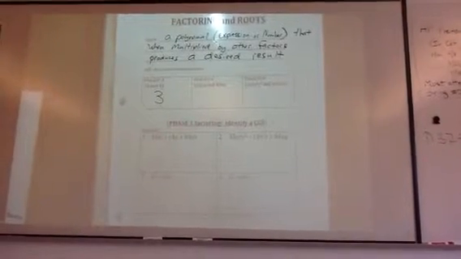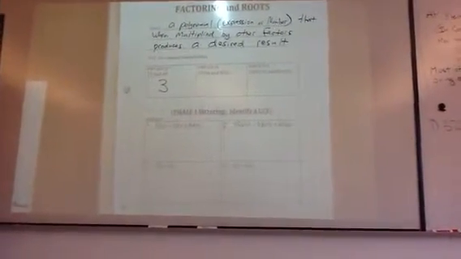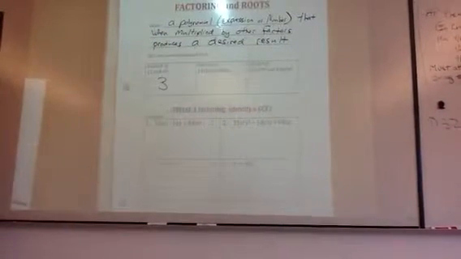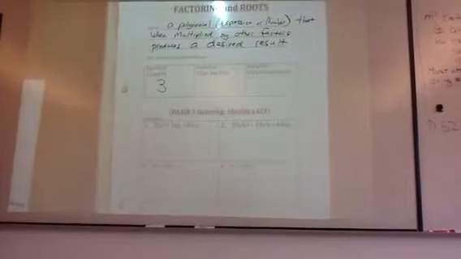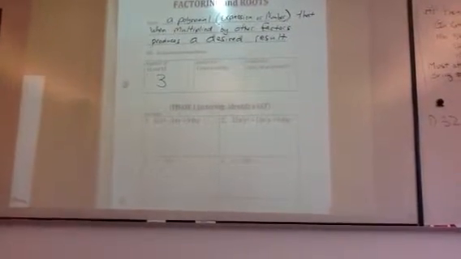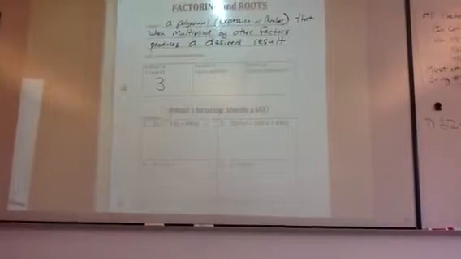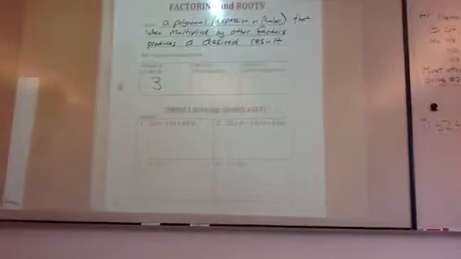Second example. Greatest common factor of 12xyz and 45xy. What is the greatest compilation of numbers and variables that these two terms have in common? 3xy.